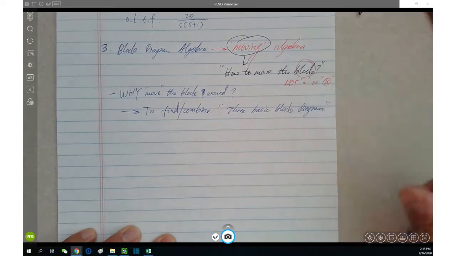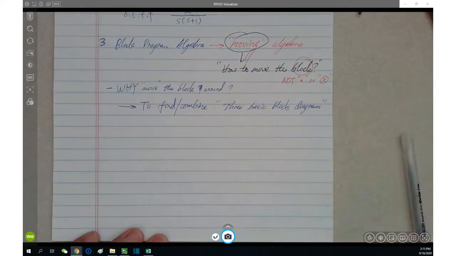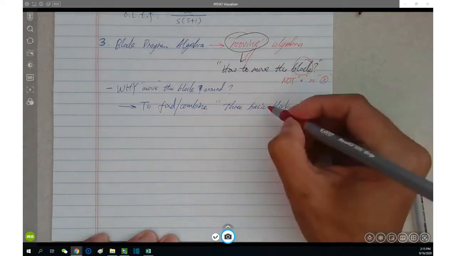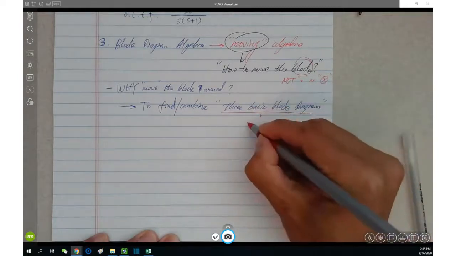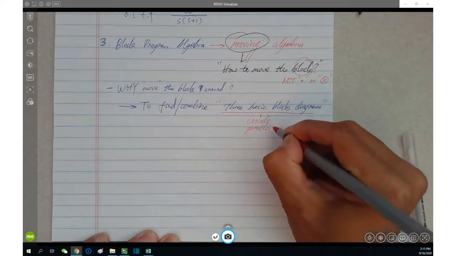This is what we are moving blocks around for, just to do some combination so that we can see the three basic block diagrams we just learned. Who are they? Cascade, parallel, or the basic feedback.